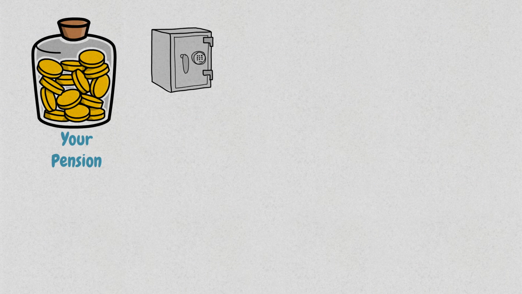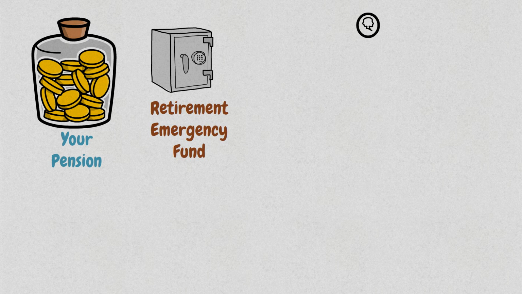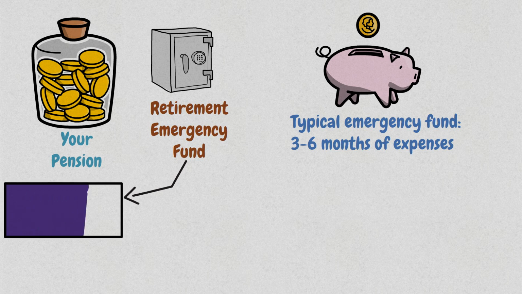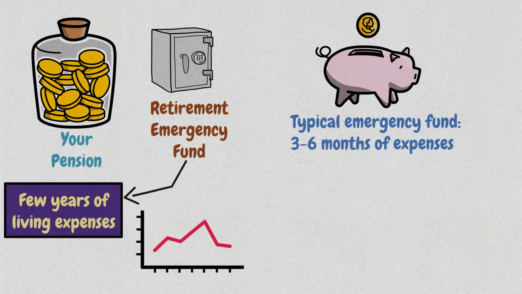I like to call it a retirement emergency fund, and technically it is like an ordinary emergency fund, but a key differentiator here is that it's typically larger than the normal emergency fund, which typically represents 6 months of living expenses. With a retirement emergency fund, on the other hand, you're probably looking at a few years worth of living expenses to weather stock market conditions.